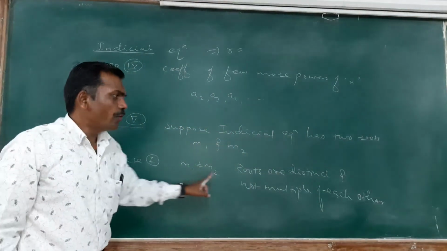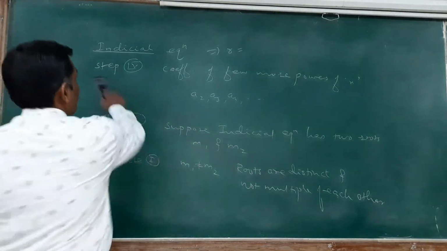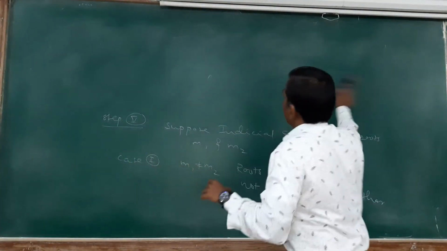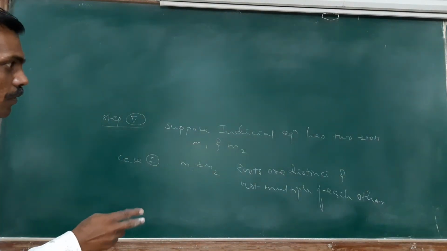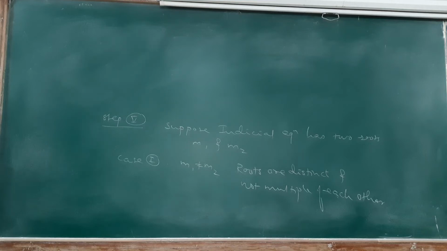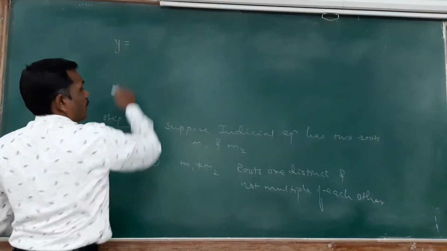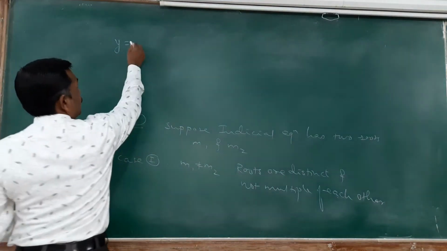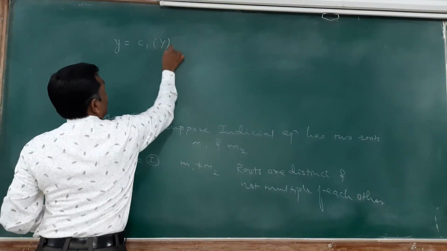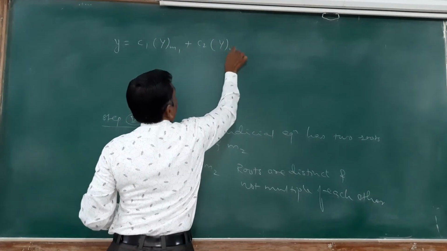And we want distinct roots. Then our solution is y is equal to c1 y at m1 plus c2 y at m2.